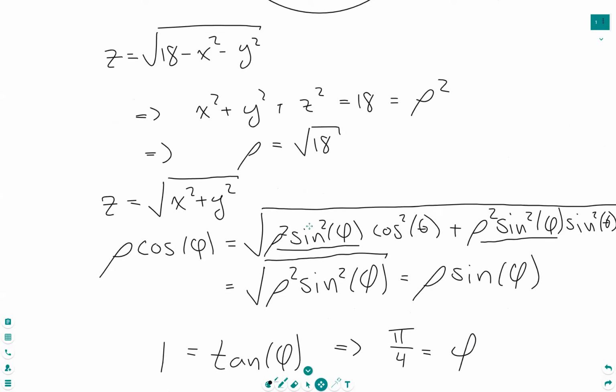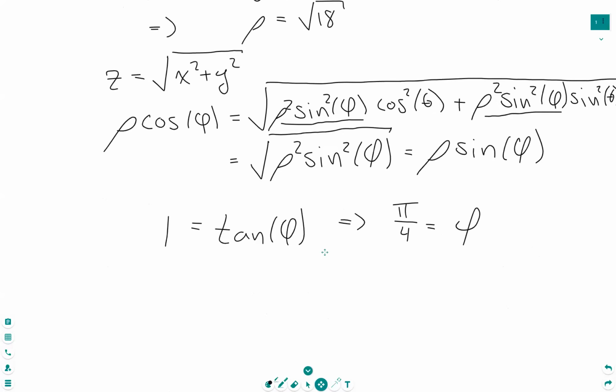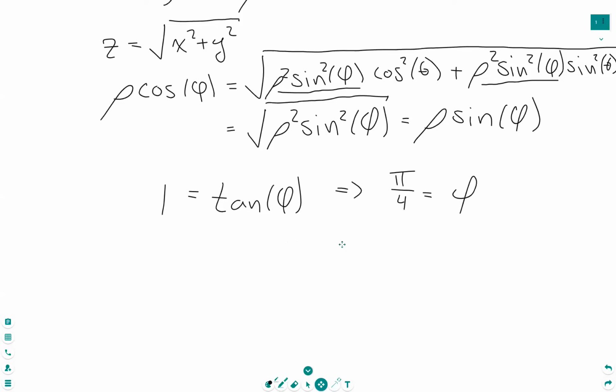It's a combination of all of them that we need to figure out. We need to look at each bound separately and figure out what's going on. So the cone starts at phi, or sorry, not phi, rho equals 0.